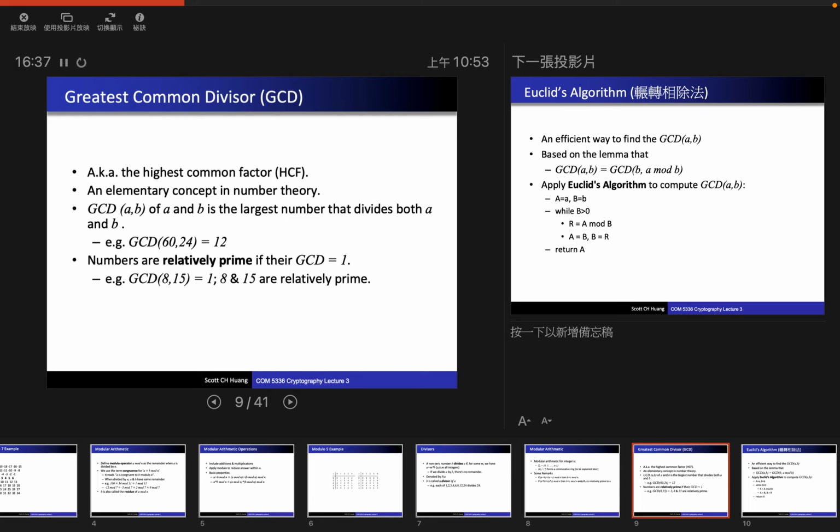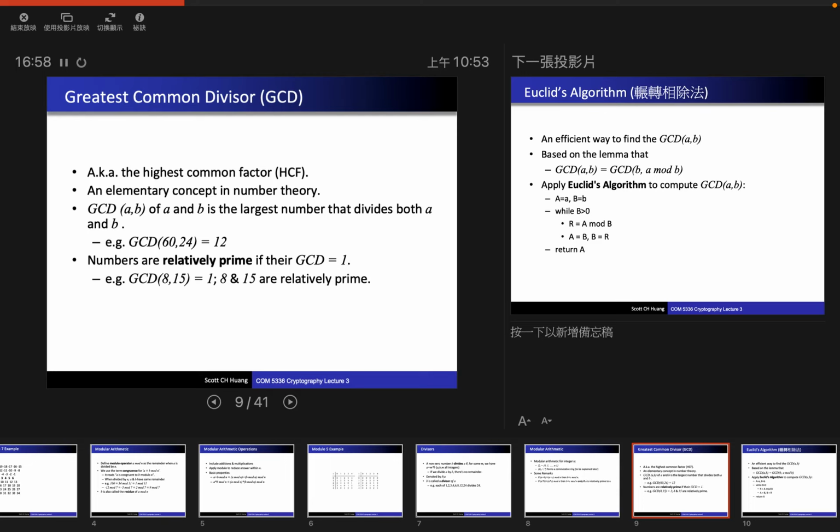They are synonyms, so an HCF is a GCD. We use GCD because this course is more like a programming course. It's an elementary concept in number theory.